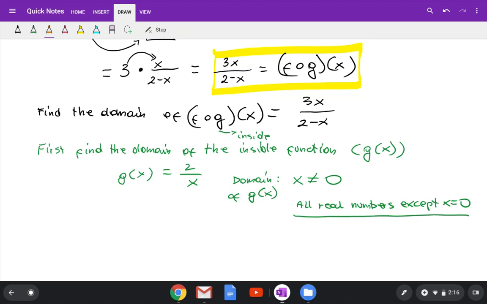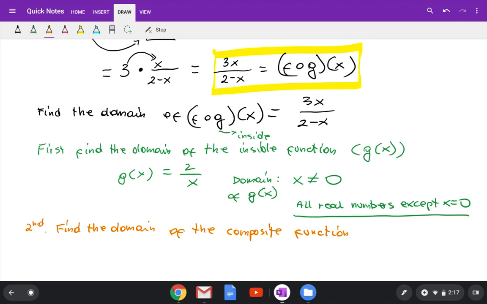Second, find the domain of the composite function. Of course, we need to find it because that's the one which we just created.